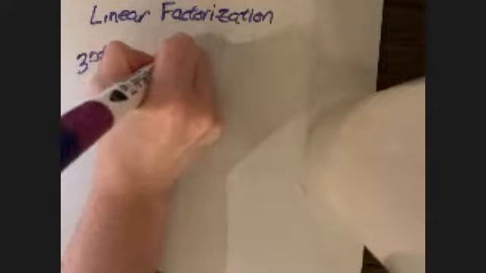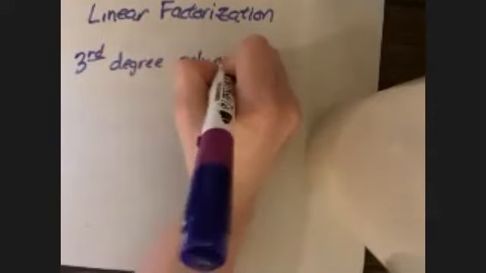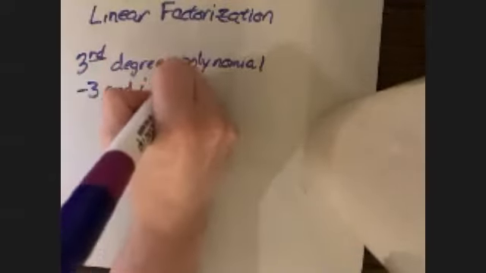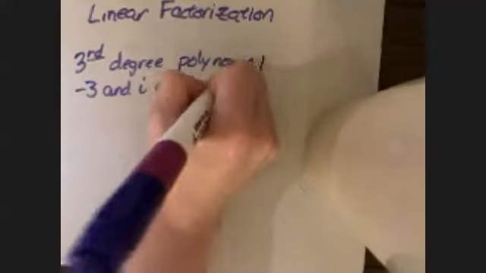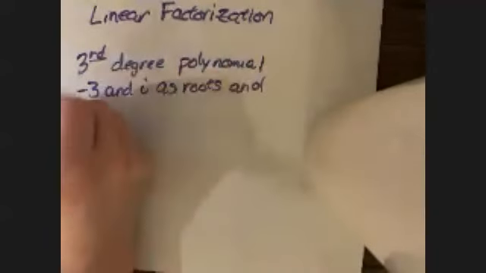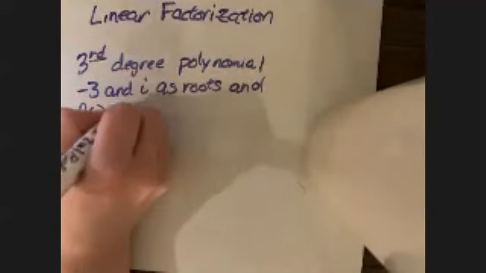So looking at the way this one is done, they want a third degree polynomial that has -3 and i as roots, and f of 1 is 8.